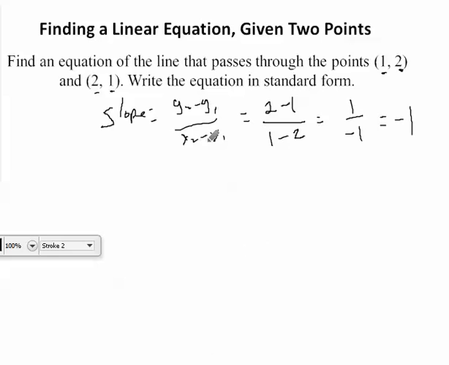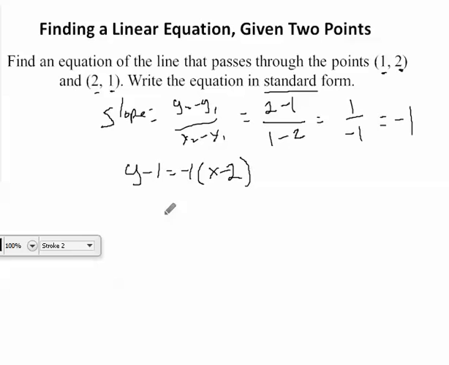Well, that's easy enough. Now I can write it in point-slope form. Does it matter which point I use? Not at all. I'm going to say y minus 1 is equal to negative 1 times x minus 2. Okay? So I've got an equation of a line, but it's not in standard form like they wanted it.